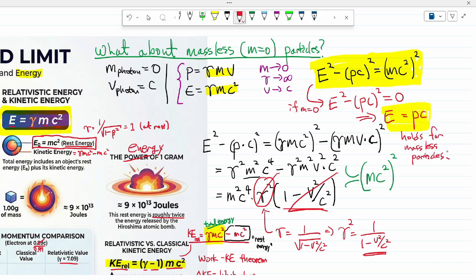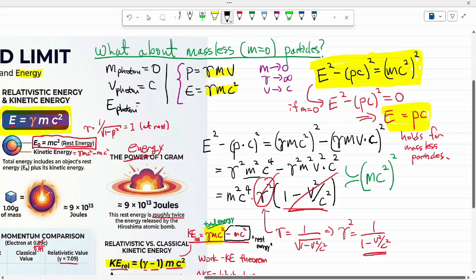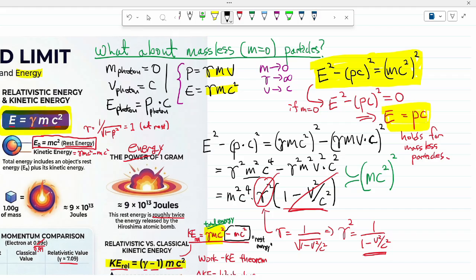We are not multiplying by 0, we are not multiplying by infinity. It's nicely behaved. And I think I did mention this when we were doing quantum mechanics. Photons carry energy, and you can relate the energy of the photon to its momentum this way. Energy of a photon is equal to the momentum of the photon times c. So this is how we handle massless particles. This was a question that we frankly couldn't answer in classical mechanics.